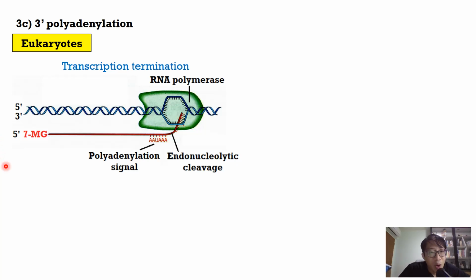So we call that the termination stage of transcription. After the termination sequence has been transcribed, there is a polyadenylation signal that would recruit some proteins to cut the pre-mRNA.